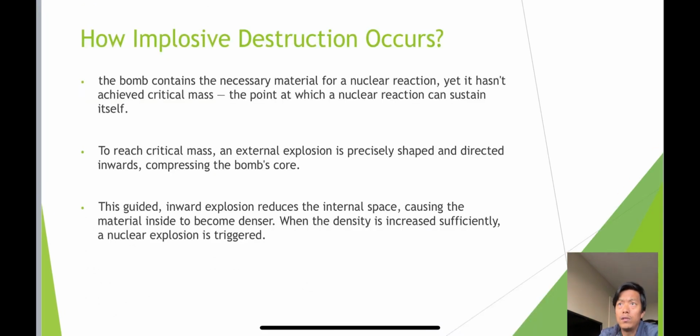So how does implosive destruction occur? The bomb contains the necessary material for a nuclear reaction inside a ball, or a structure where the scientist keeps the material. It hasn't achieved critical mass, the point at which a nuclear reaction can sustain itself. To reach critical mass, an external explosion is precisely shaped and directed inwards, compressing the bomb's core.